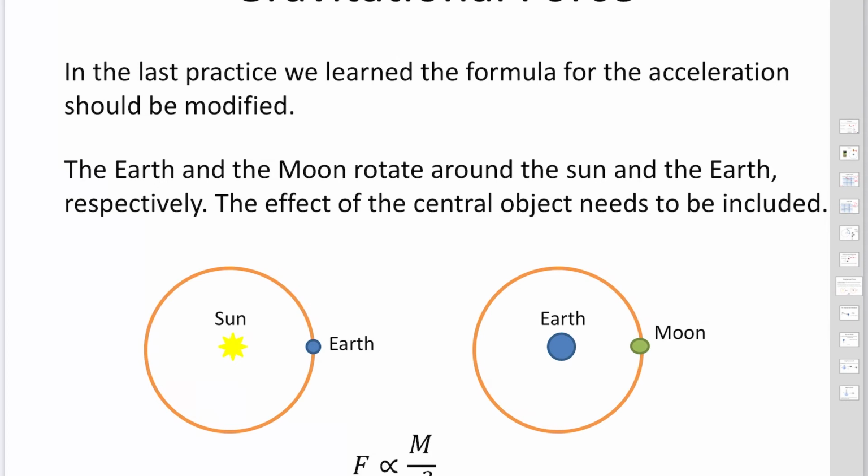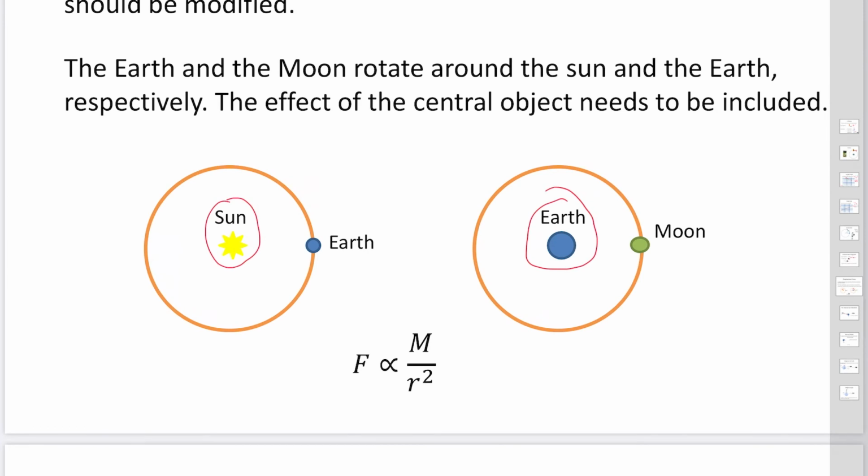Then we need to include the effect of the difference of the central object. To include that, we need to modify the gravitational force this way. Force depends on the mass of the central object. So force is proportional to M over R squared.